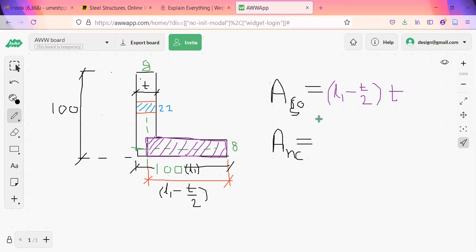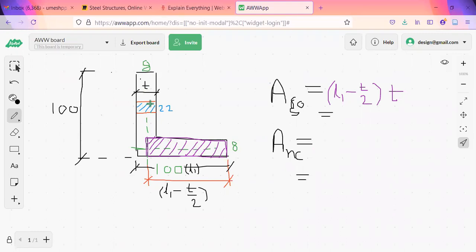The net area and the gross area of the outstanding leg. You may be wondering how this works. You will come to know once I get ANC here. Just see this one. So how am I going to calculate the net area of the connected leg? What is net area? It is the area of the connected leg minus the area of the hole. You have to remove this much because that much hole is punched to insert the bolt.